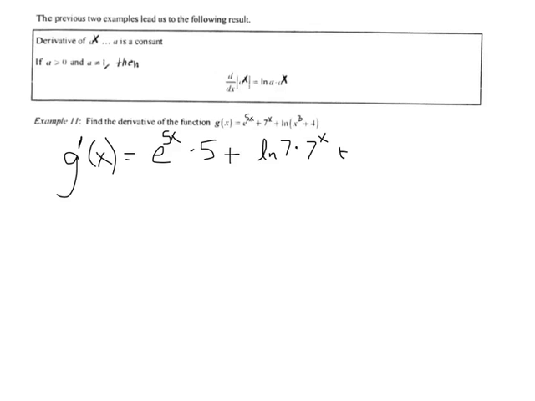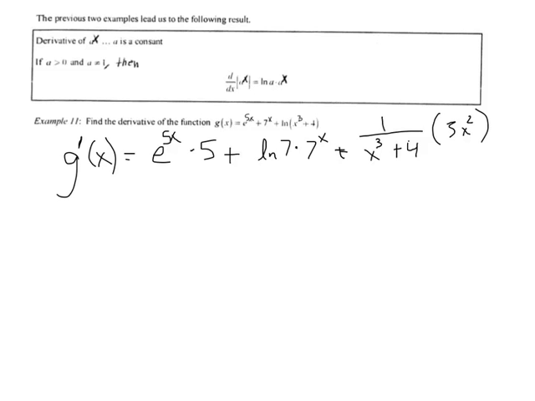And the derivative of natural log of x cubed plus 4, we'd say that the derivative of natural log is 1 over x. So in this case it'd be 1 over x cubed plus 4. And then we need to finish off the chain rule. Derivative of x cubed plus 4 is just 3x squared.